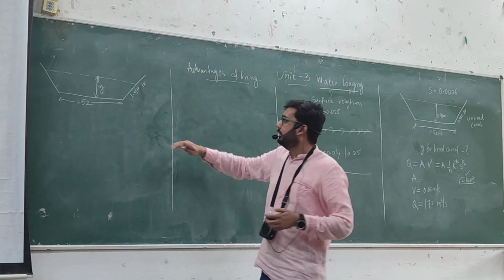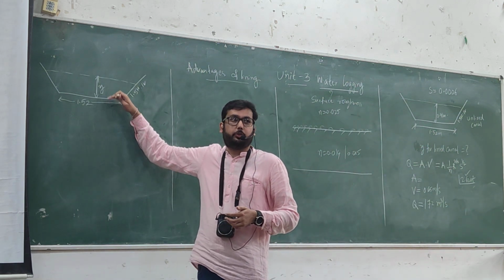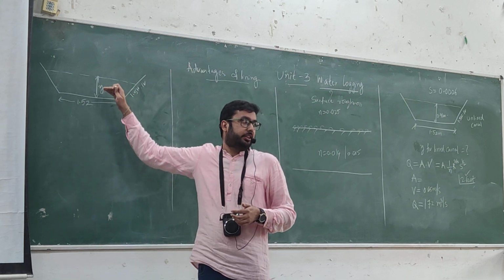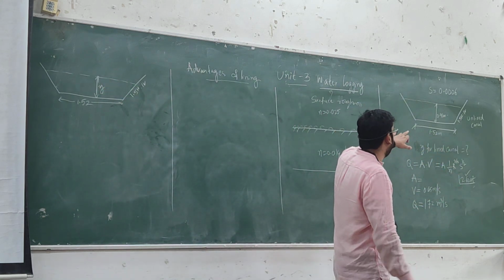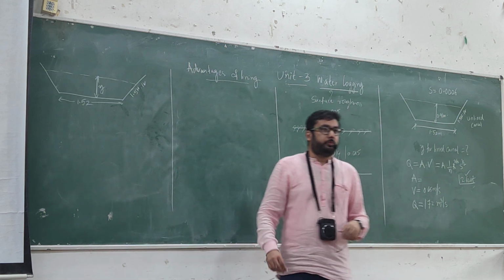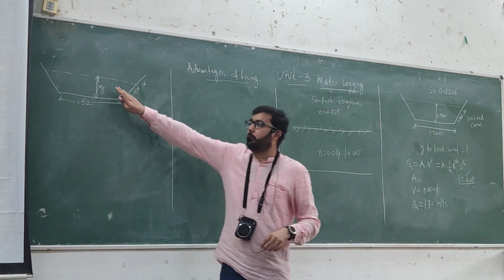If we take the same bottom width, now we need to find what the flow depth is for a lined section. The flow depth for an unlined section is 0.91. So what would be the flow depth for a lined section?